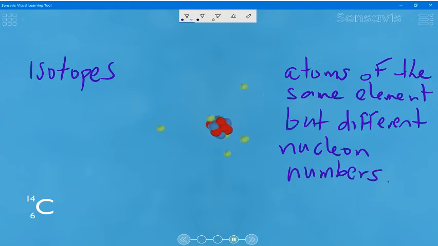Okay, so they have 6 protons for carbon, because carbon by definition has 6 protons, but they have varying numbers of neutrons added to change the nucleon number.